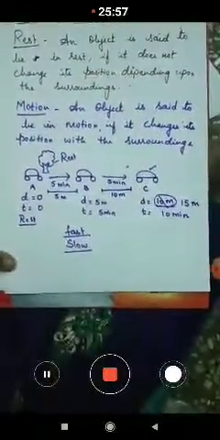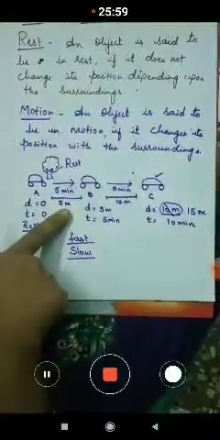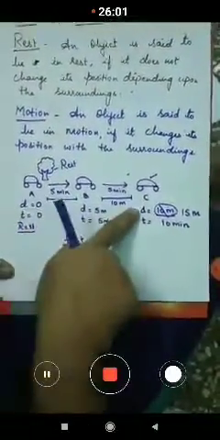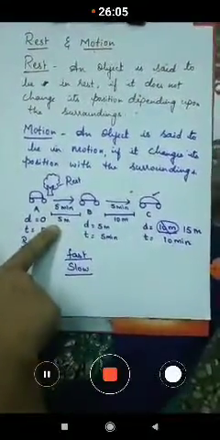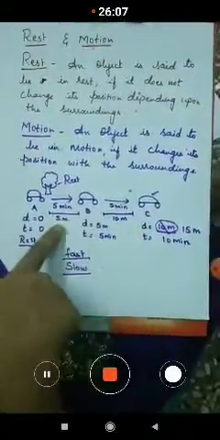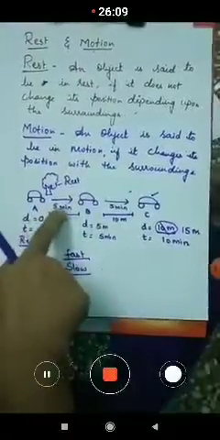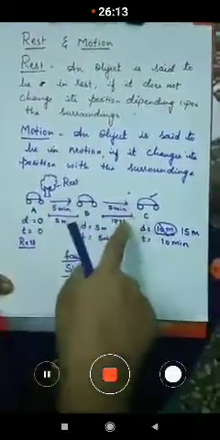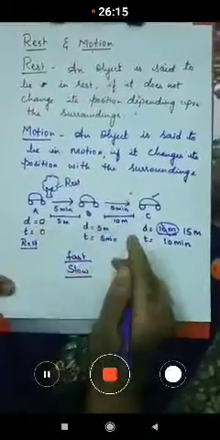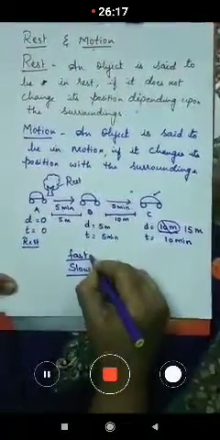So here the distance traveled has been more, from 5 meters to 10 meters. When the distance covered in the same time is more, then the car is in a fast position.